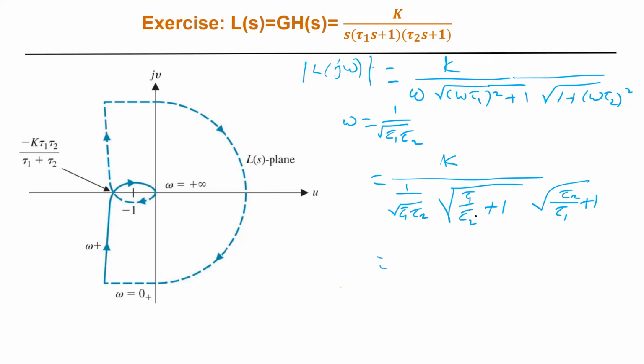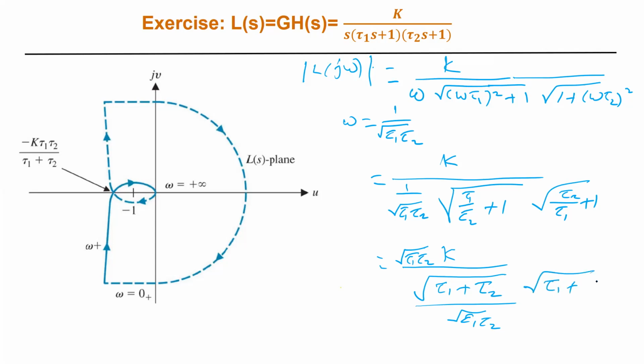Which is equal to K, and this goes in the numerator, tau 1 tau 2, and in here I have root of tau 1 tau 2 and tau 1 plus tau 2.